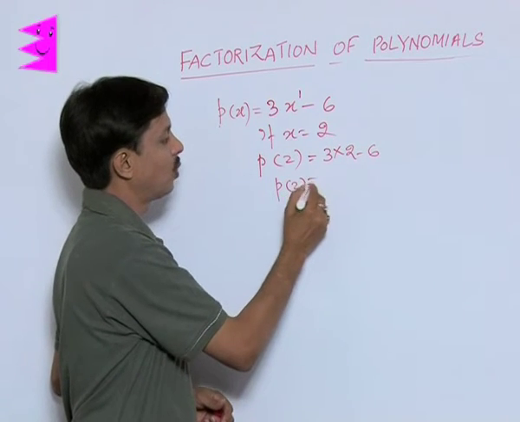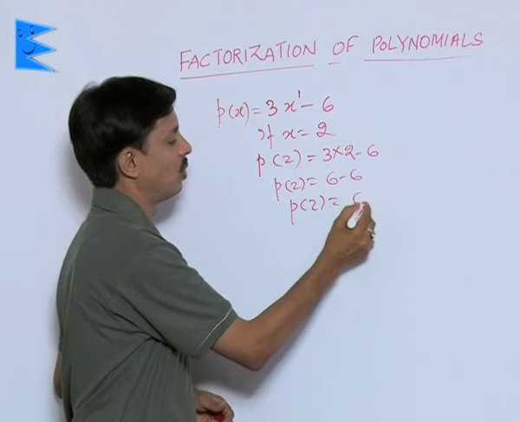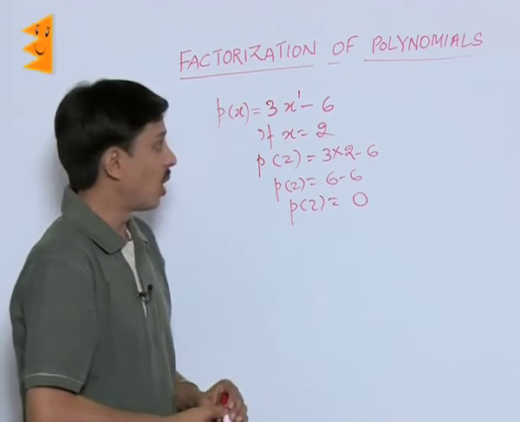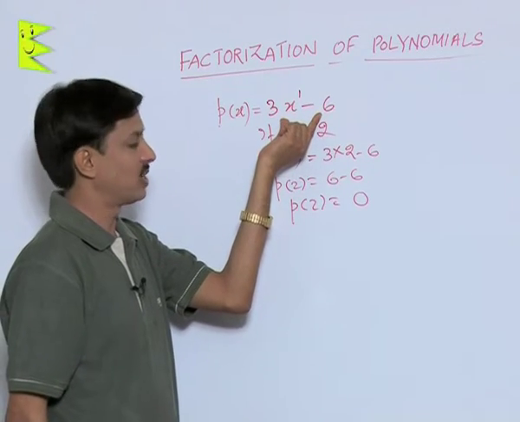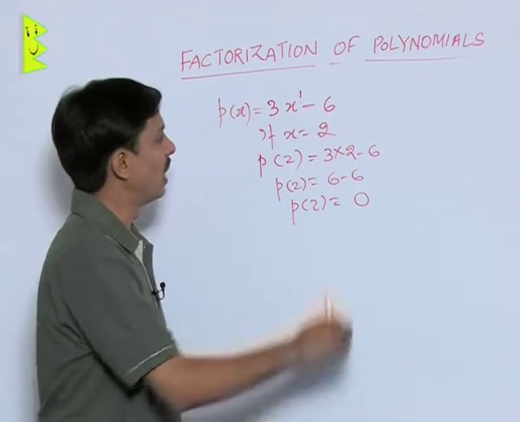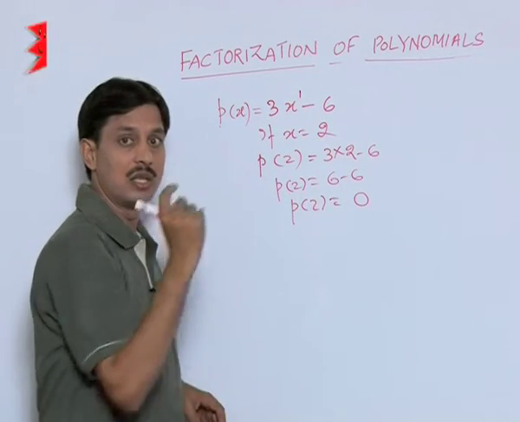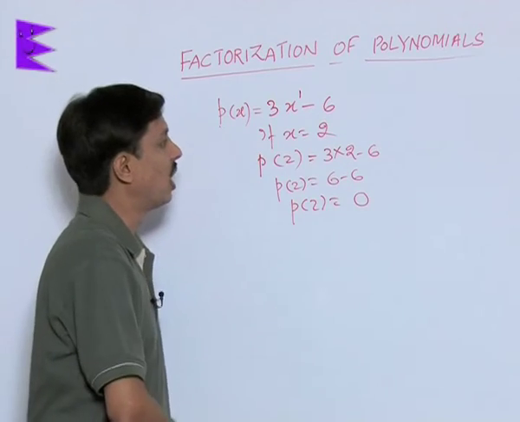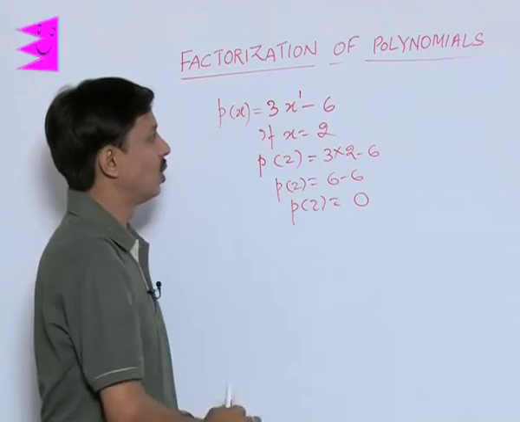So p(2) becomes 6 minus 6, that is, p(2) is 0. So the answer of this polynomial becomes 0 when x is assumed as what? 2. When x is assumed 2, the answer becomes 0.